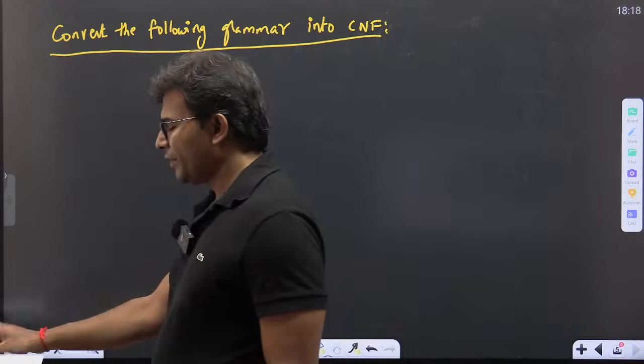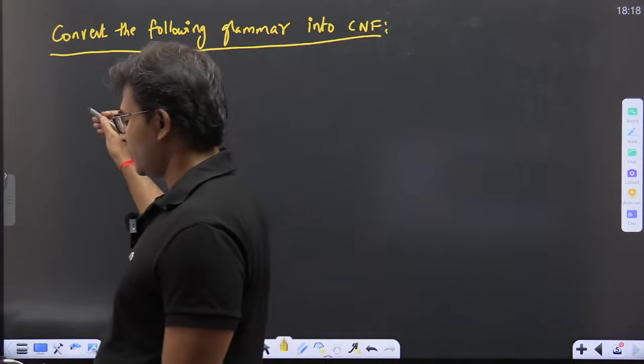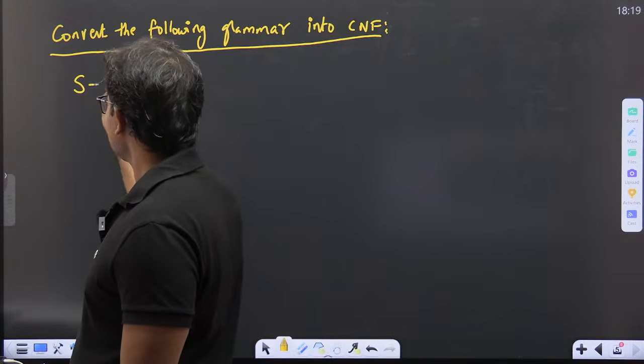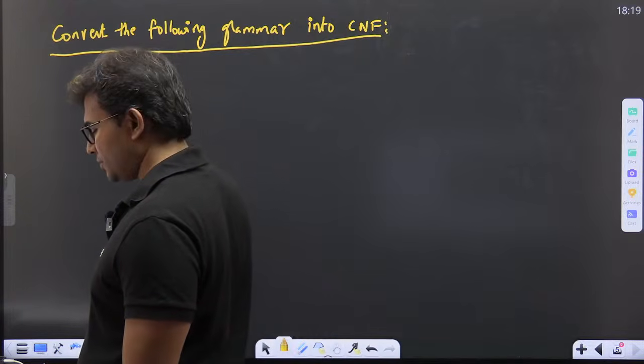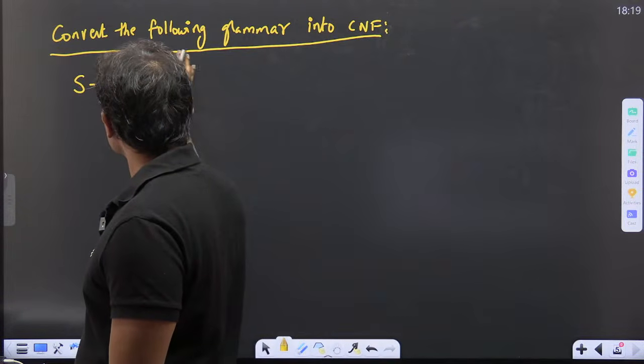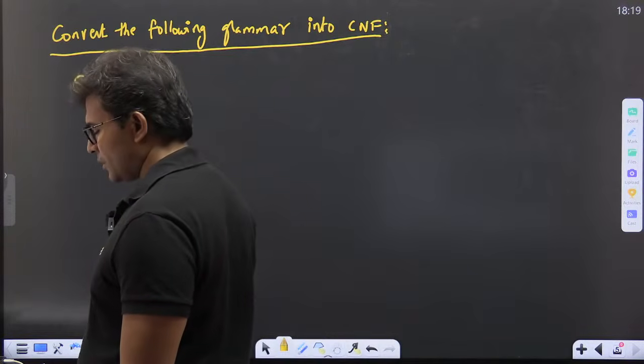So before going ahead, can someone tell me what this grammar is? Okay, I'll write the grammar. S derives BA or AB.